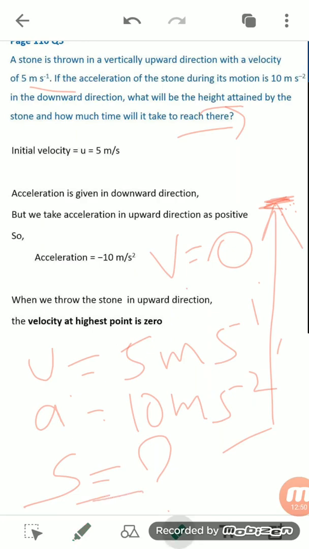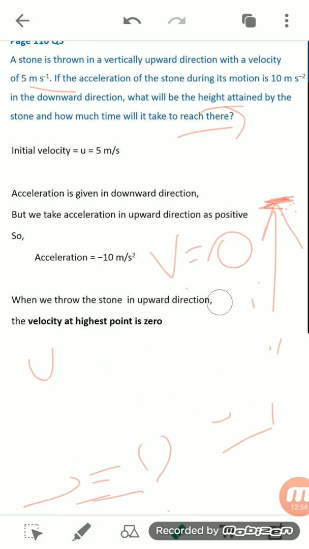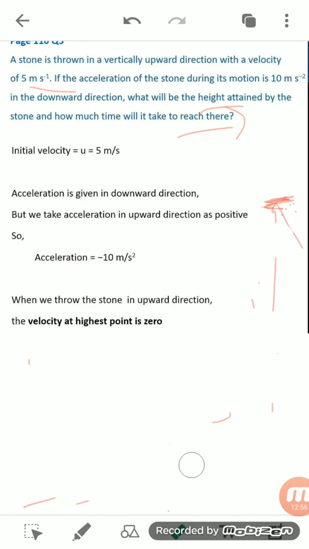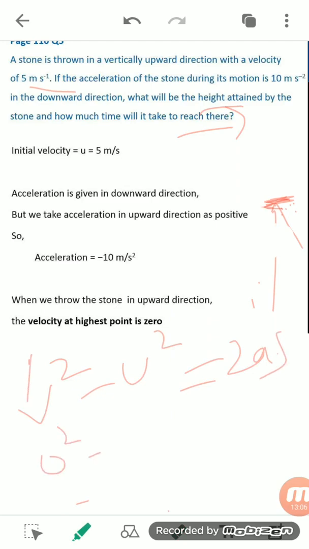So which equation of motion will we use? The third equation of motion is better for it, because we know that v square minus u square is equal to 2as. We know the value of v, that is 0, so 0 square minus u square, which is 5 square, is equal to 2 into a, that is 10, into distance s.